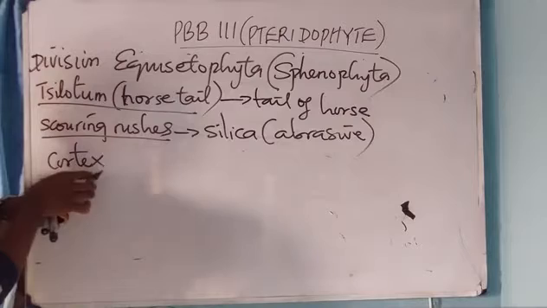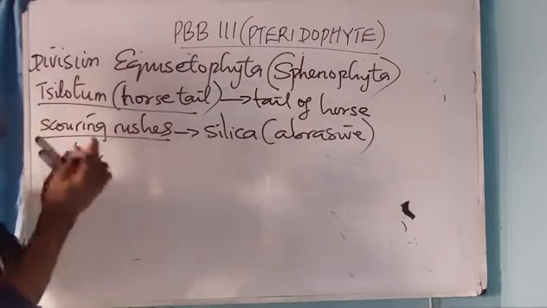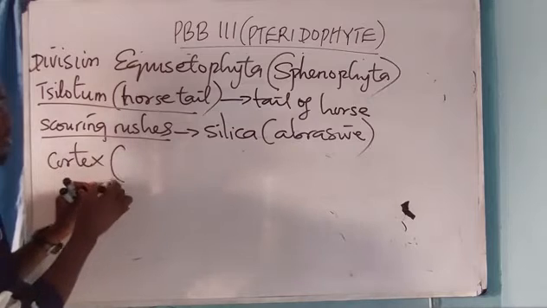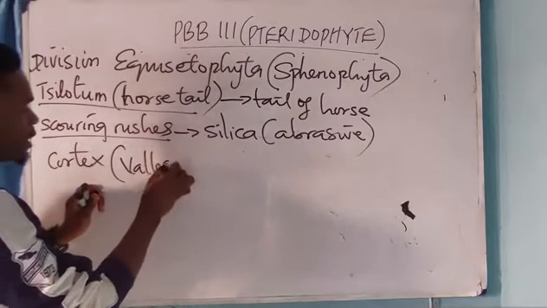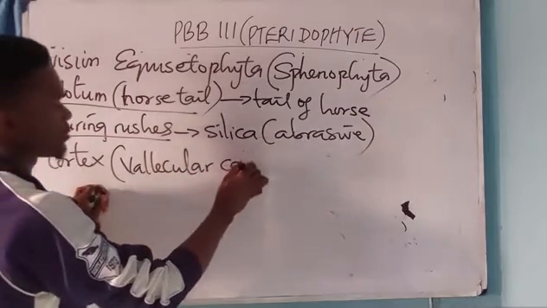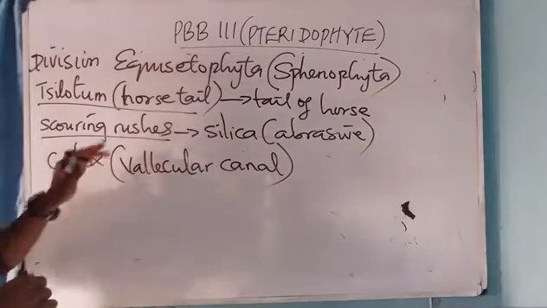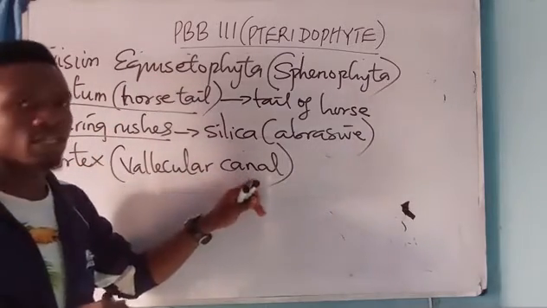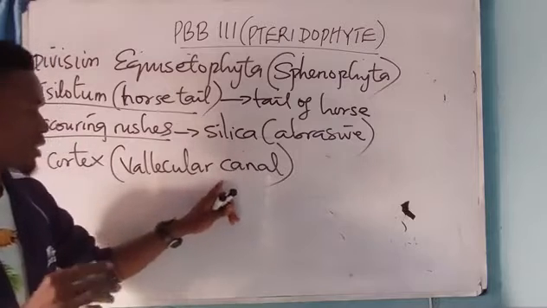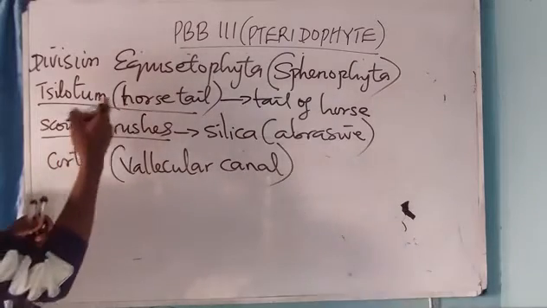At the middle of the cortex, you have an opening or airspace called vallicular canal. Please, the airspace found in the cortex of Equisetophyta is called what? Vallicular canal. Take note of that. Is there another point again?